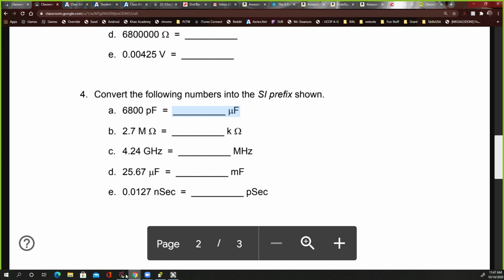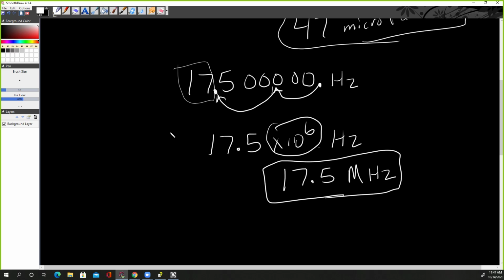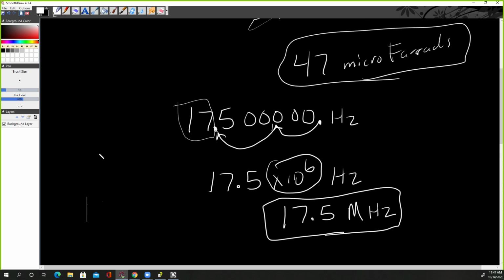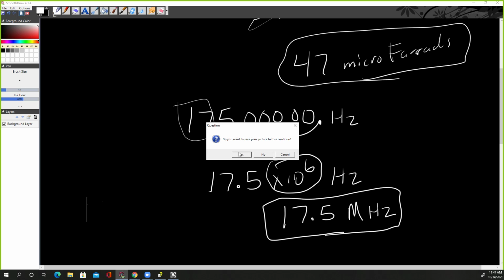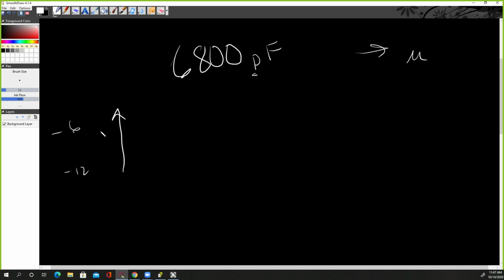So let's do that, 6,800. I think it was picofarads, and they want to go to micro. So notice we went from a negative 12, that's a pico, to the negative 6, so that's a move of 6, and the number always gets smaller as you go up the chart.